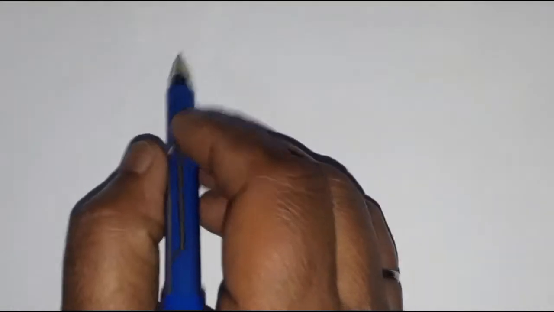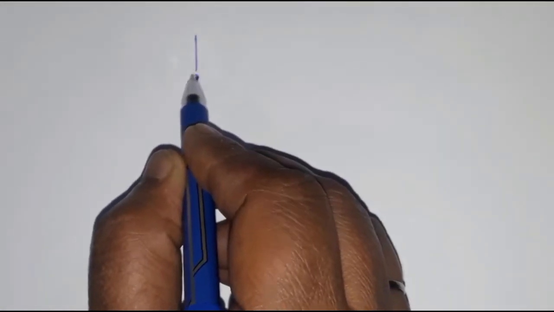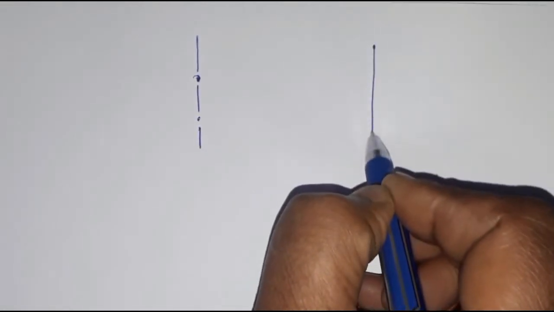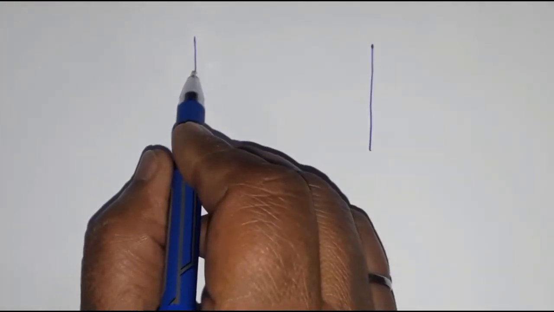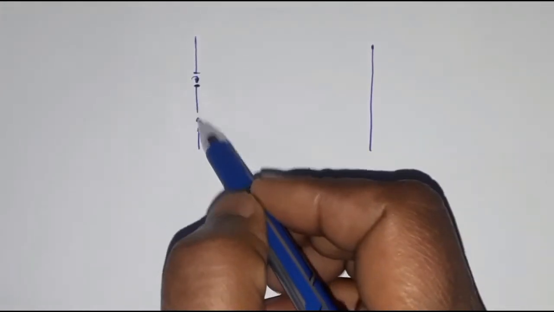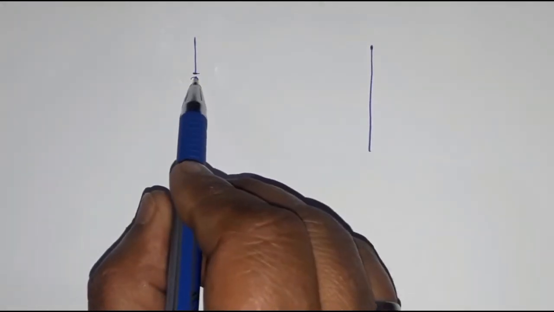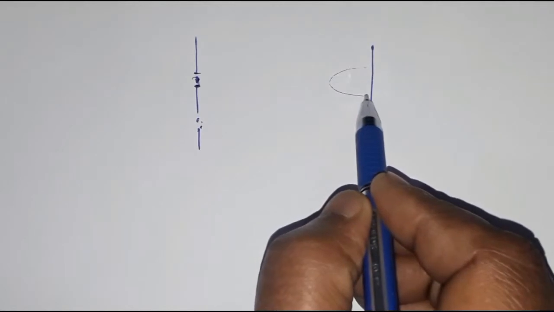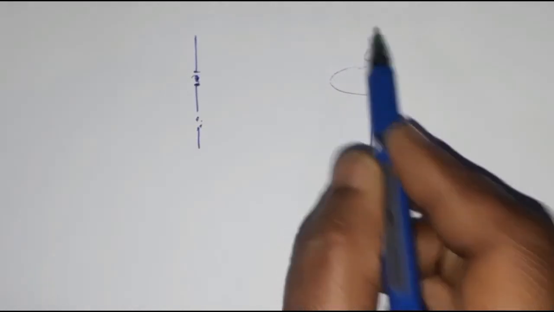Let us again draw a diagram. Here this is Young's double-slit experiment, but here both processes are going on simultaneously. Due to the width of the slit, we get a diffraction pattern, and due to the two slits, we get interference fringes. So on the screen, this is the central maxima, this is the first minima, this is the second minima.